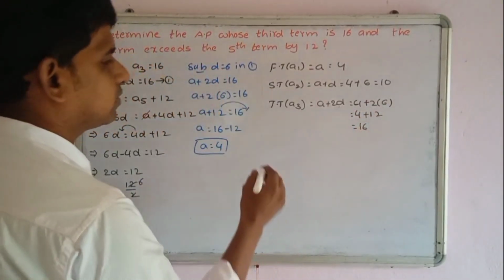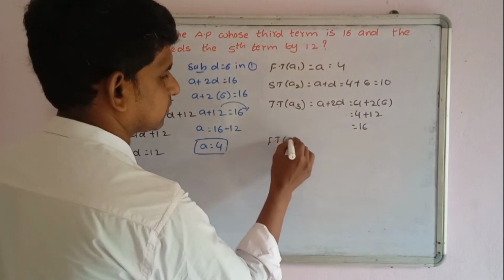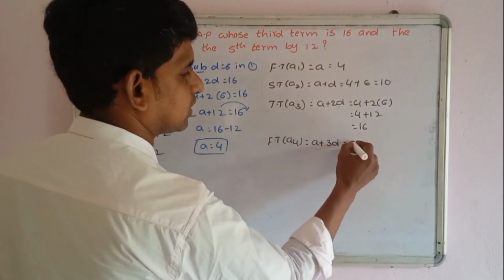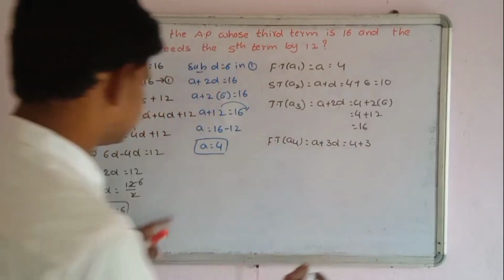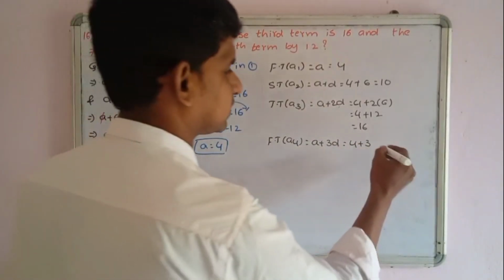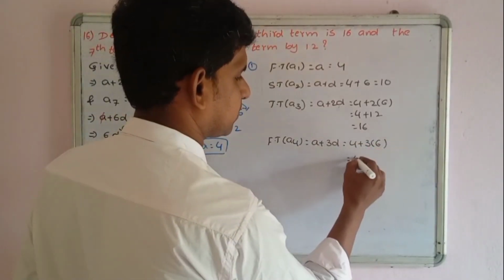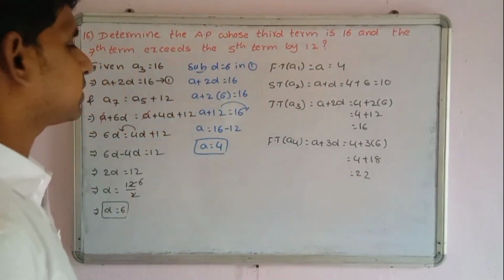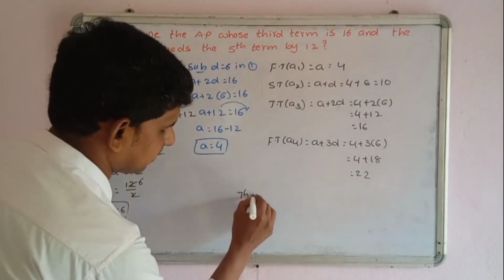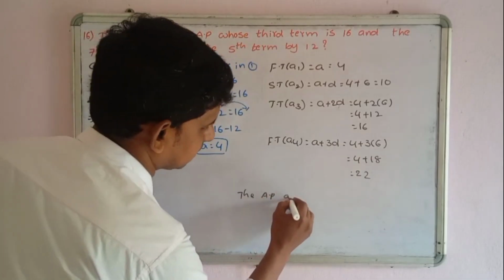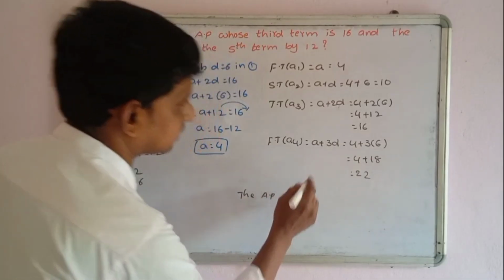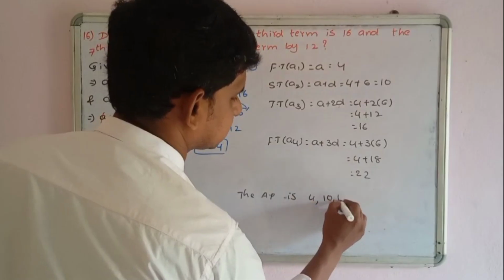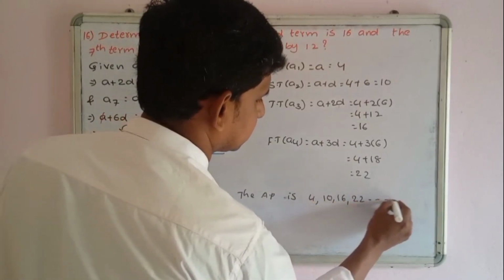Now fourth term A4 equals A plus 3D, so 4 plus 3 times 6 is 18, that is 22. Therefore the AP is 4, 10, 16, 22, and so on.